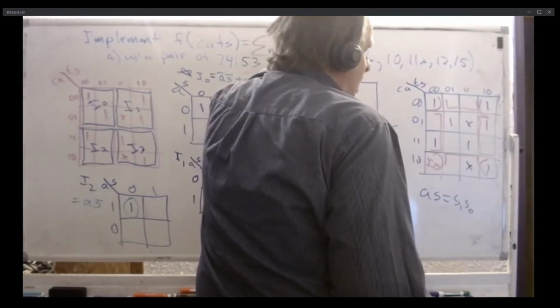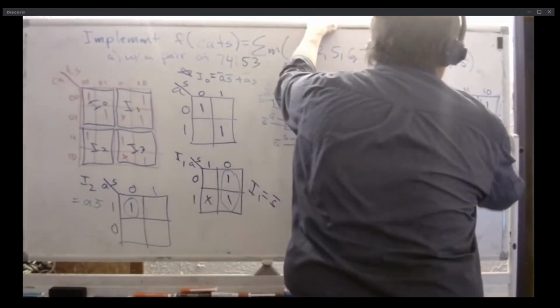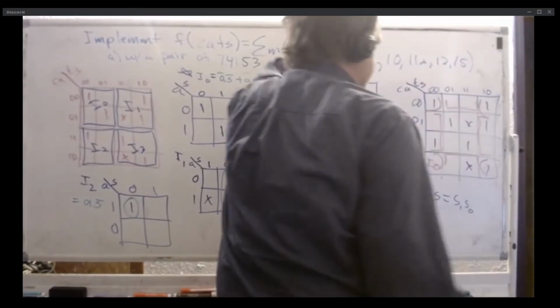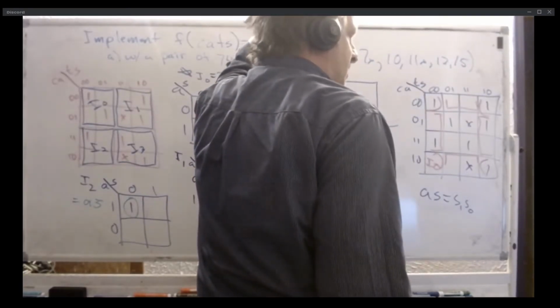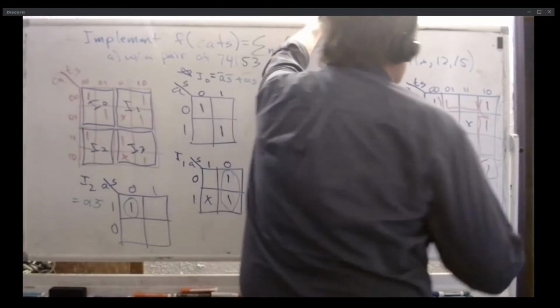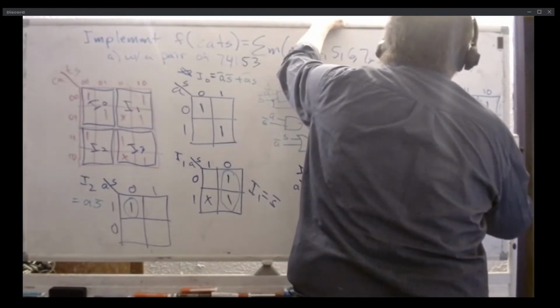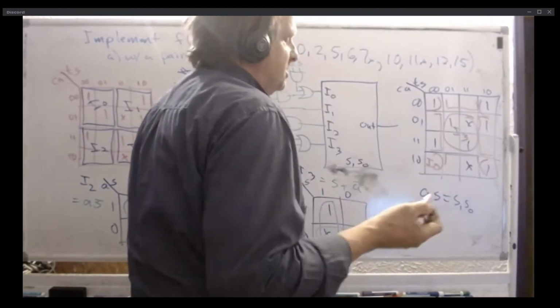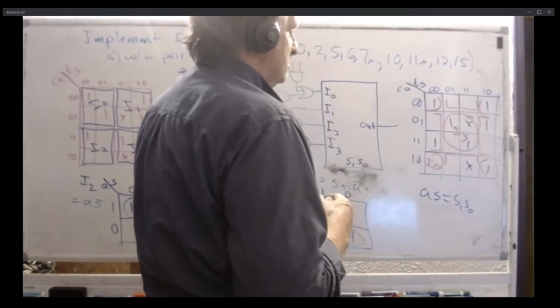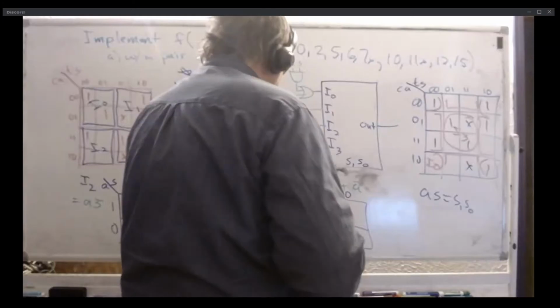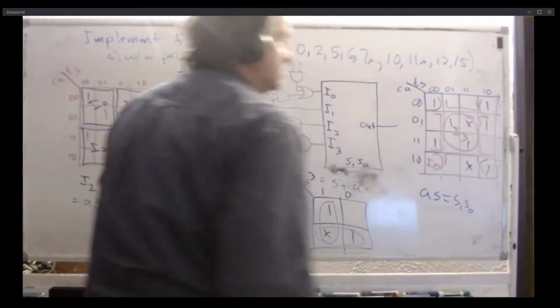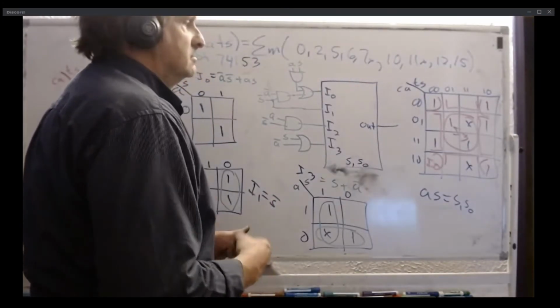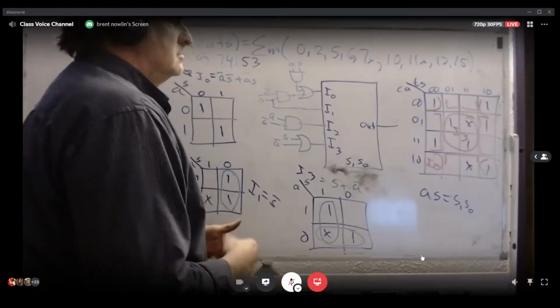I hope it's obvious to you that I2's going to be a bear because we would have the diagonals. And lastly, this is I3. I3 is not too bad. It's just an OR gate. All right, so I3 is the center 4.